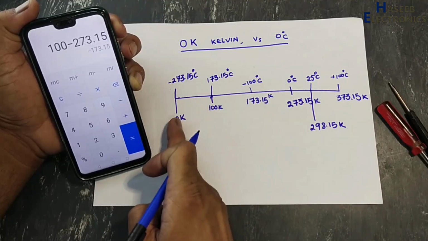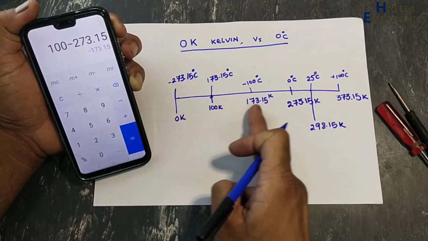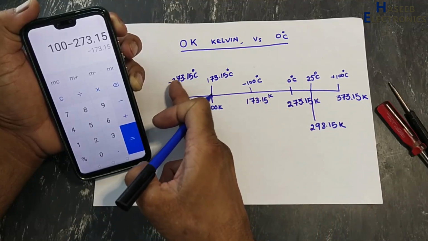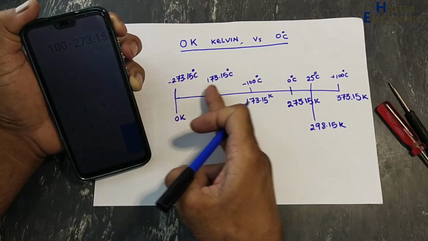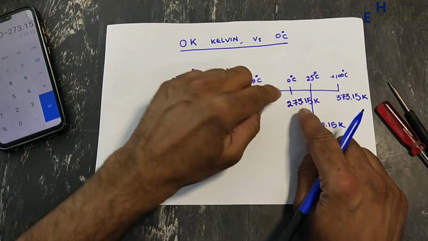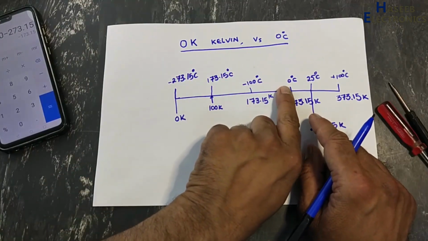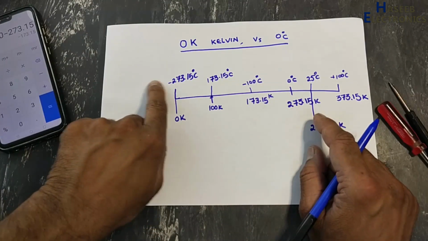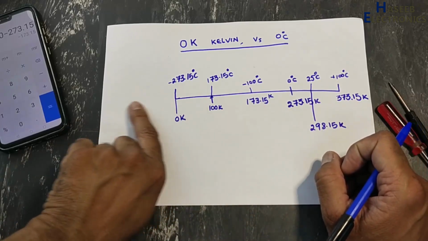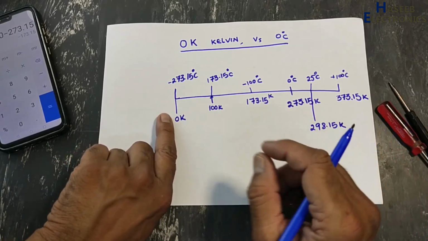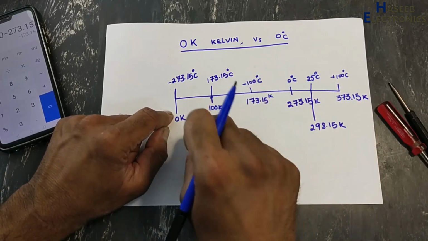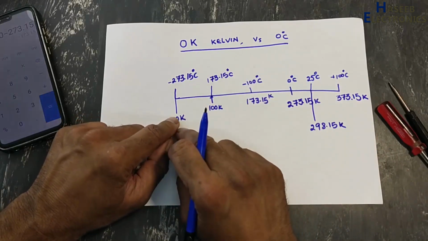From this 0 K we are increasing on this side, and from this point, minus 273.15, we are increasing on this side. When we take reference from 0 degrees centigrade, this side is minus, this side is positive. But in Kelvin there is no minus. Kelvin refers to the ceasing of heat energy generation, that is 0 Kelvin.